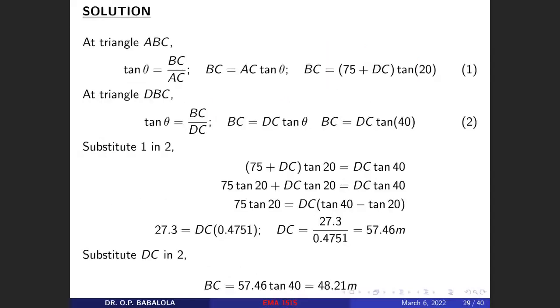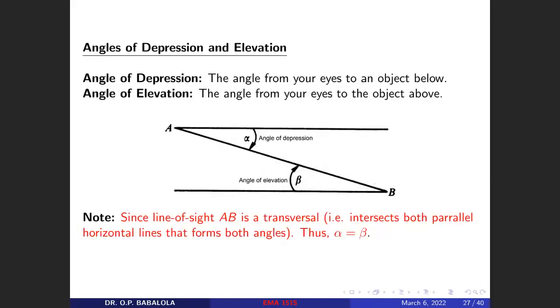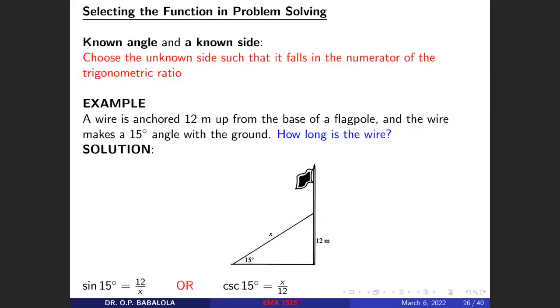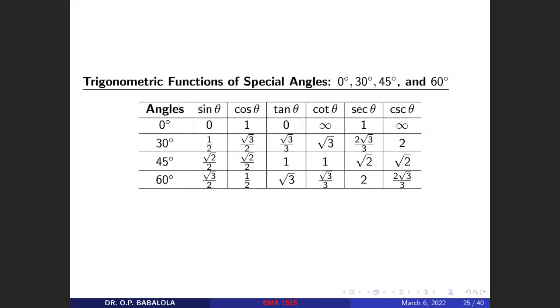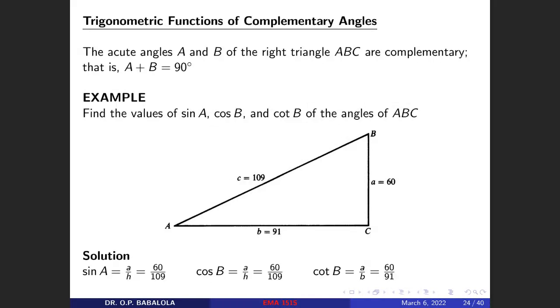If you go back, let me just do this. I want everyone to understand, because questions like this may come out in your test. Let me take you back. This is what we have done.